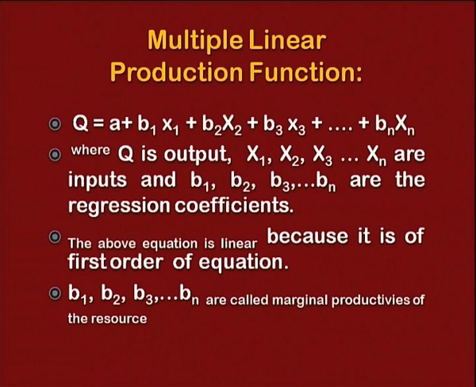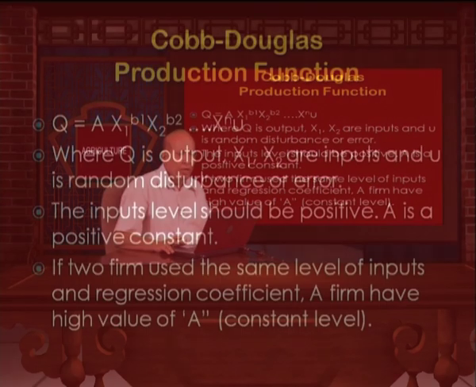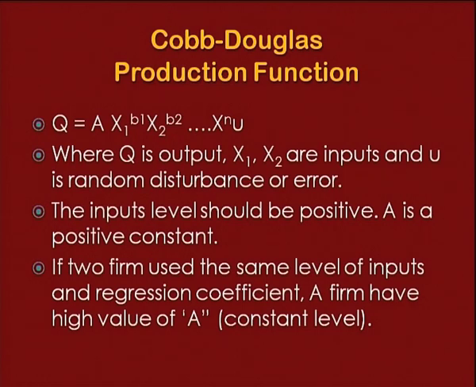Now, come to the Cobb-Douglas production function. In this case, Q is equal to A x1 raised to the power B1 multiplied by x2 raised to the power B2 and so on, xn raised to the power Bn, times e to the power U, where Q is output, x1, x2 are the inputs and U is a random disturbance or error.